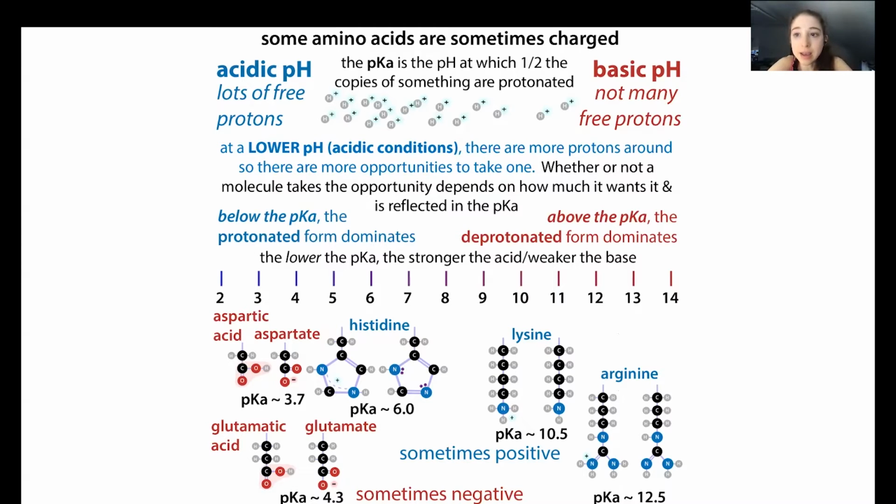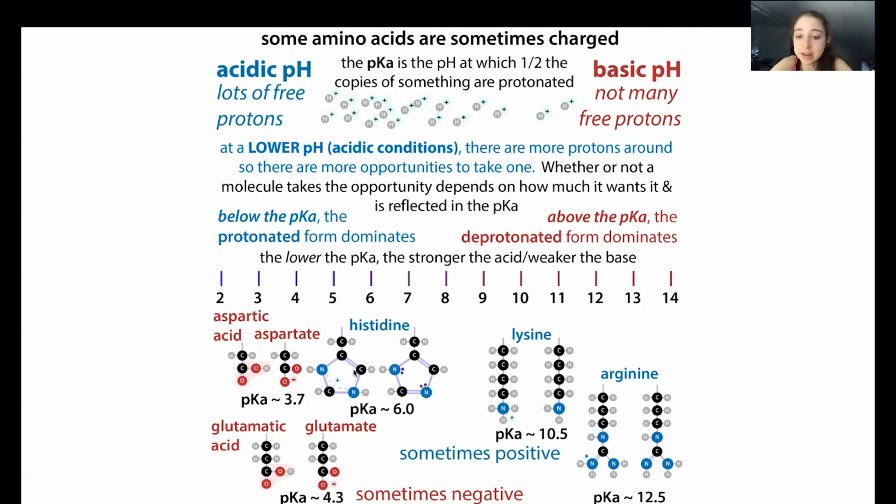These have a pKa of like 10.5 and 12.5. It's ridiculous. Our body is not going to have an overall pH greater than this, so these are almost always going to be in the positive form. Histidine is an interesting one because its pKa is closer to physiological pH, so it can actually exist in both forms.